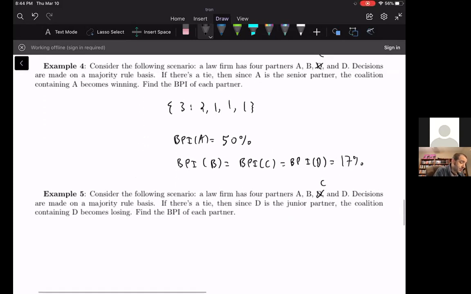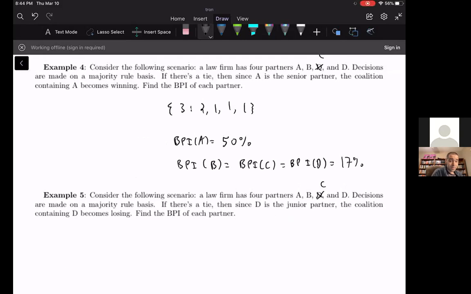Okay, now example 5. It was the same law firm, but now ties are broken by the junior partner losing. Now in class, nobody asked this, but when you just read these casually, you might think, what's the difference? So in one case, we got a senior partner, and in another case, we got a junior partner. Does that really matter? Well, let's see.